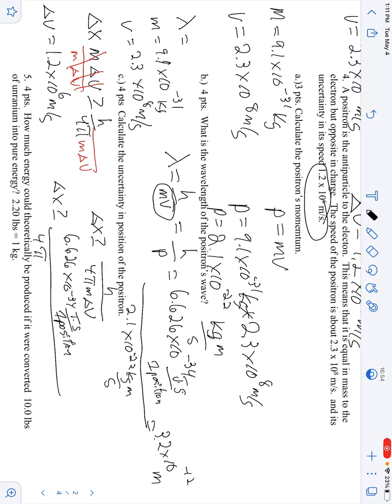Divided by 4, divided by pi. Now my mass, I go all the way back up here to get my mass. It must be in kilograms. And then I multiply it by my change in velocity, which is 1.2 times 10 to the 6th meters per second. And then I plug it into my calculator.